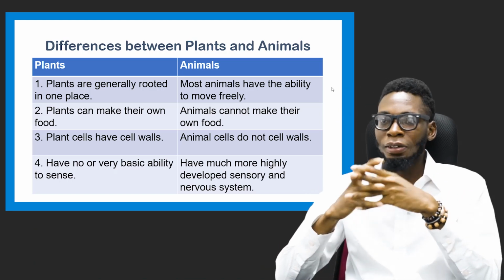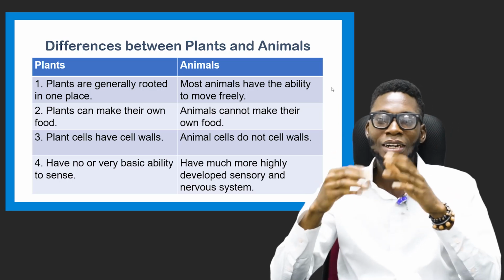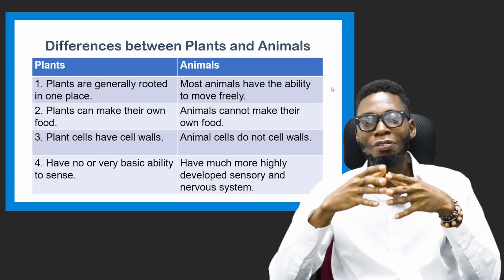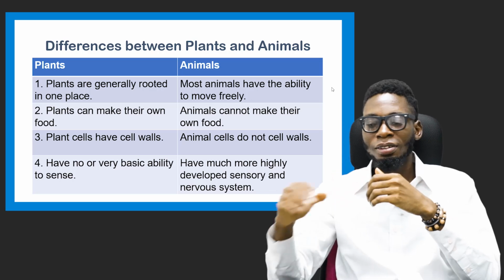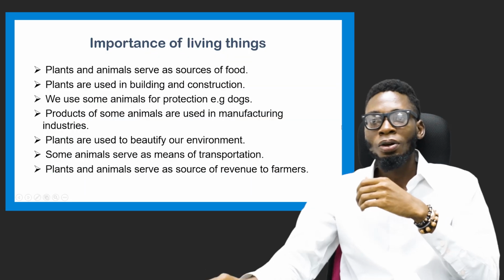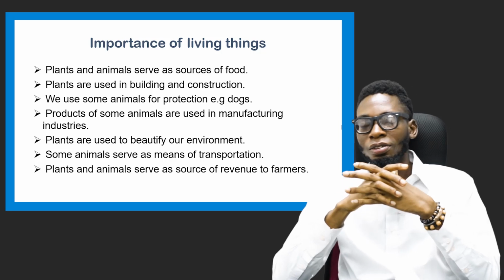And because of this, they can respond to stimuli in the environment. They have a quicker response time to stimuli in the environment, while plants have a slower response. All right, we've looked at plants and animals, their differences.